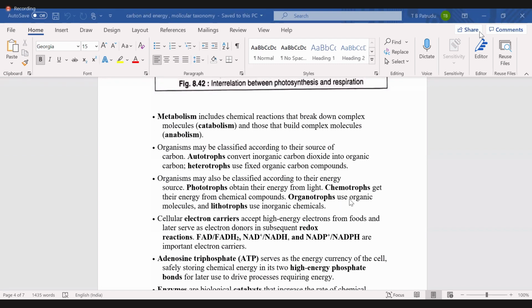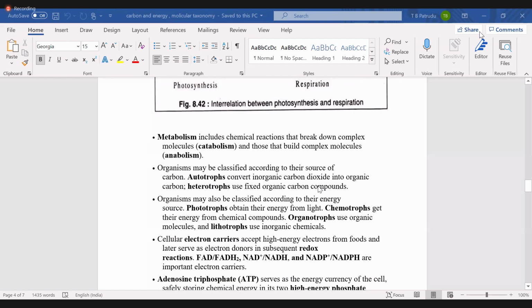Organotrophs use organic molecules, and lithotrophs use inorganic chemicals. This is one way of classification, and this is another way of classification according to energy.